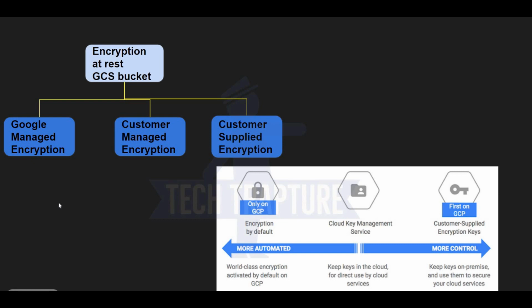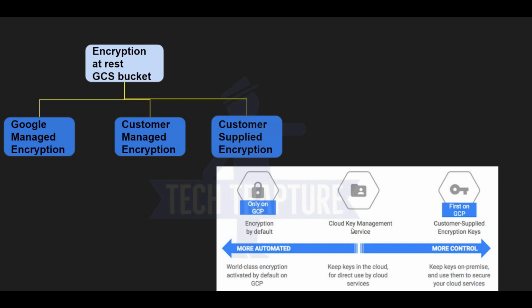Whenever you are storing data on Google Cloud, your data is by default encrypted using Google managed encryption keys. Second, customer managed encryption key means you can create your own key using Cloud KMS. You can store your keys in KMS and use this key to encrypt and decrypt your data just by passing your key location or key value to the Google Cloud encryption and decryption.